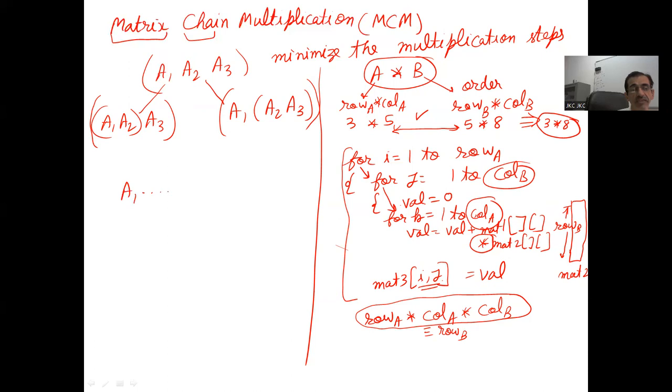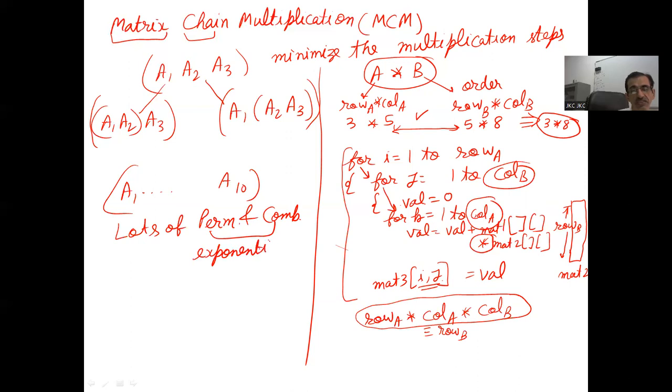Similarly, if I have A1 to, let's say, A10, there will be lots of permutations and combinations. It is exponentially growing, so it is definitely a problem worth considering.